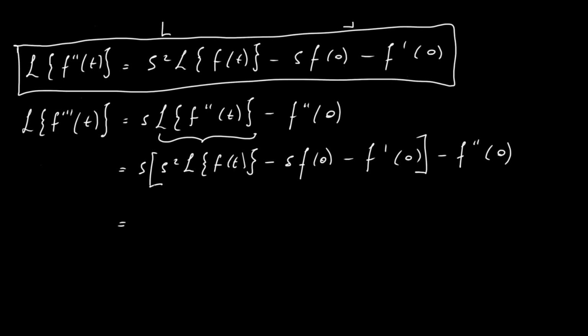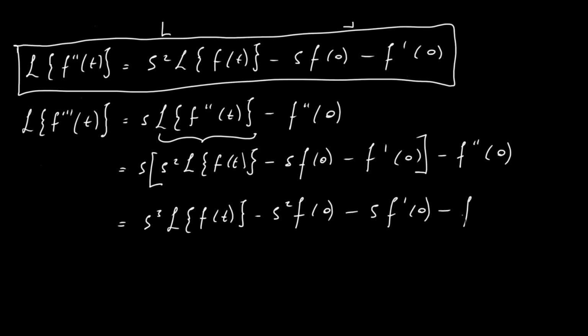So that's equal to, we'll just take away that bracket, s times s squared, s cubed, times the Laplace transform of f of t minus s squared times f of 0 minus s times f prime 0 minus f double prime 0. So this is the Laplace transform of the third derivative of our function.